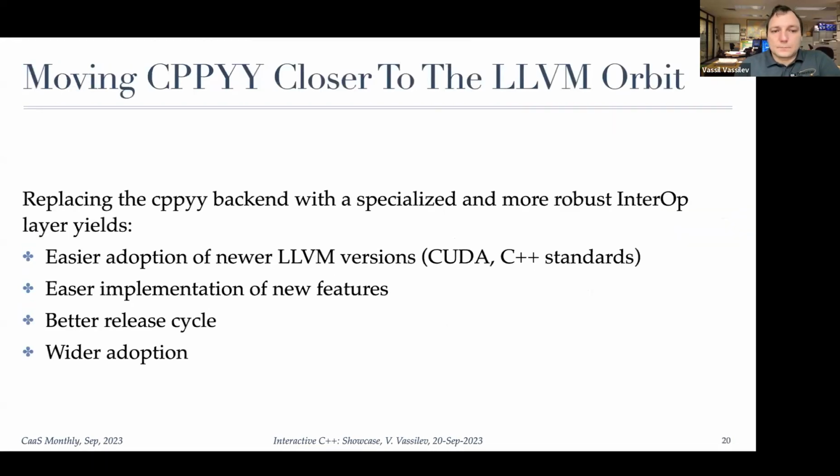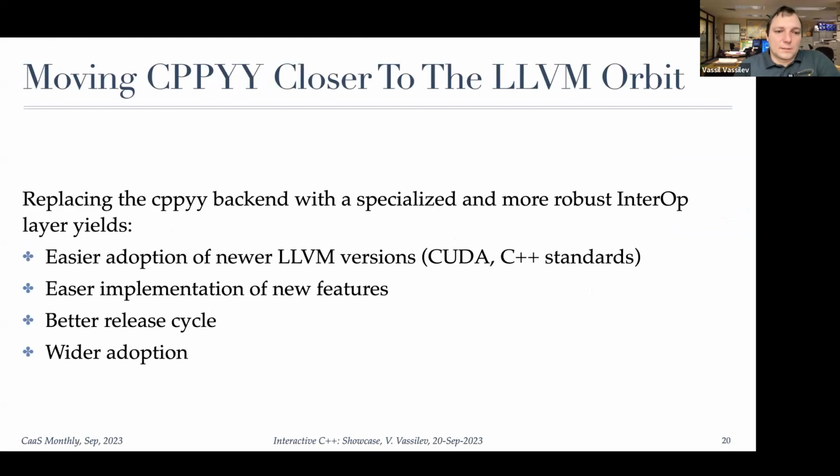The idea was that we want to be able to replace the CPPYY backend, which provided reflection information, with a specialized and more robust interoperability layer that has several properties which we thought are important for the longer term evolution and sustainability of that project.